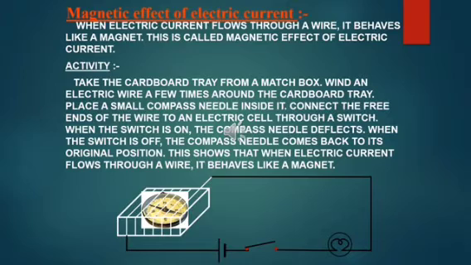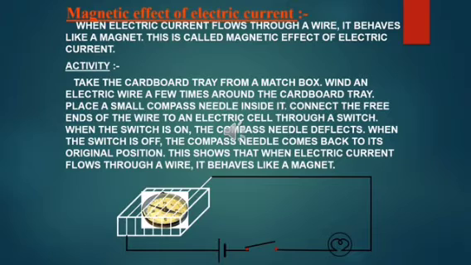Now what do we understand by magnetic effect of electric current? When electric current flows through a wire, it behaves like a magnet. This is called the magnetic effect of electric current. Now this is a very simple activity which you can also try at home. You just have to take a cardboard, like an empty matchbox, and wind it with wire, let it be copper or any other wire.